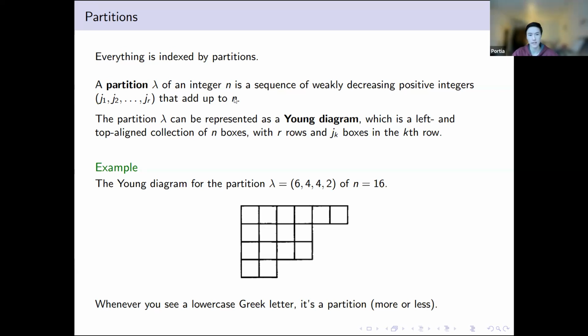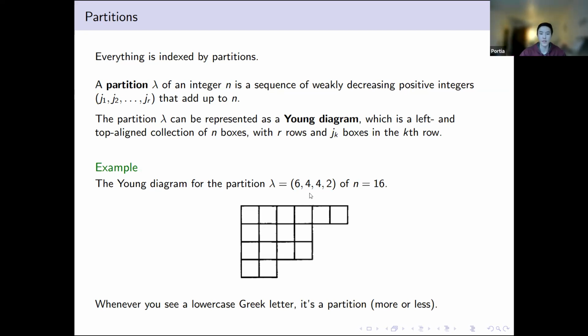First, probably most combinatorics people are familiar with partitions, but I'm going to say anyway that everything here is going to be indexed by partitions. A partition is a way to split up an integer n into a sum of things that add up to n. We're going to represent partitions as Young diagrams, where you take your n boxes and stack them so they're aligned at the top and to the left.